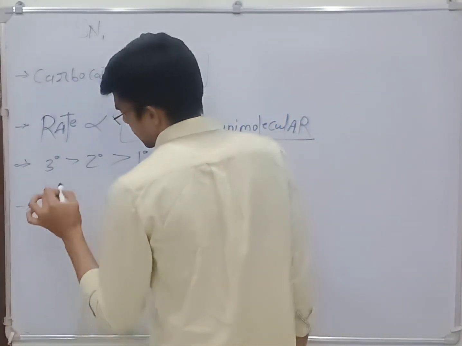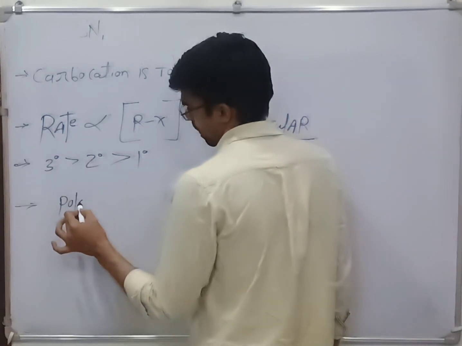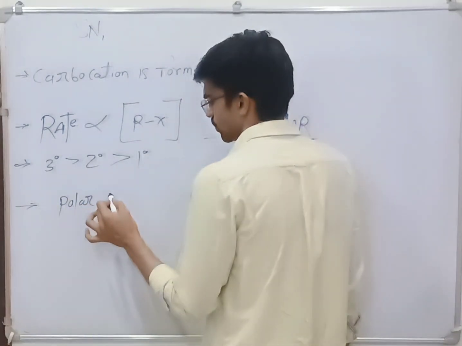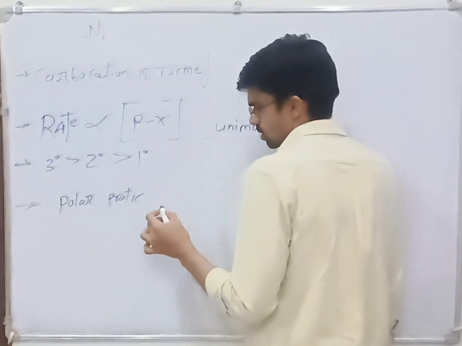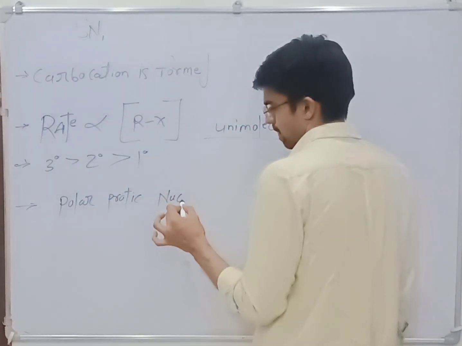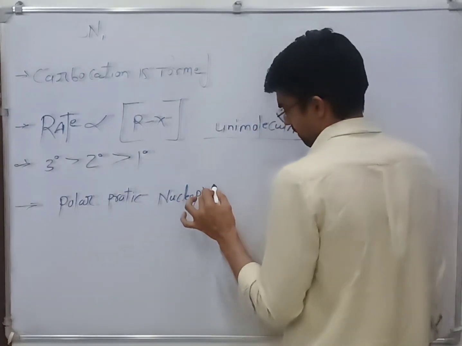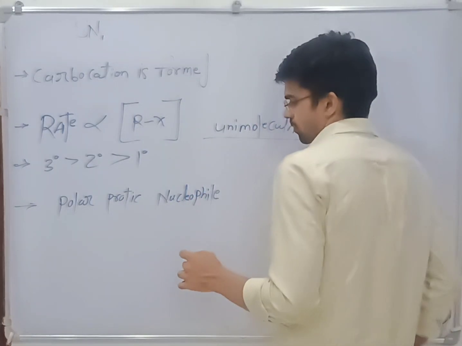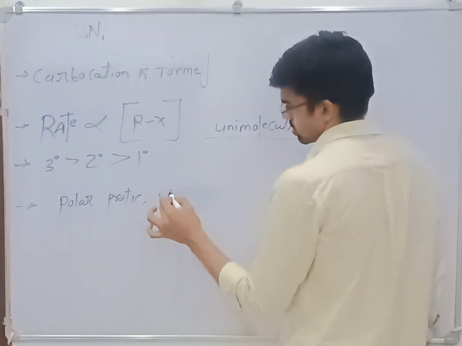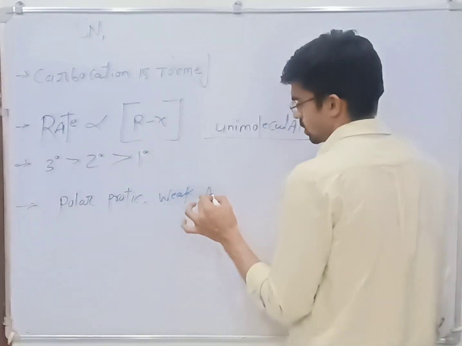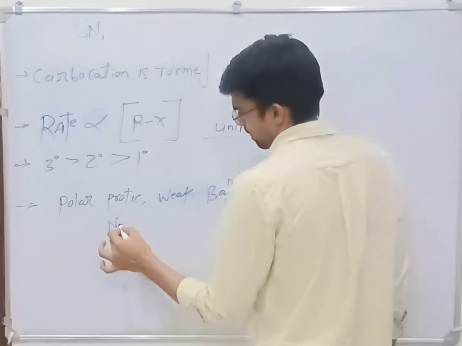And for an SN1 reaction we normally use a polar protic, weak acid, weak base nucleophile.